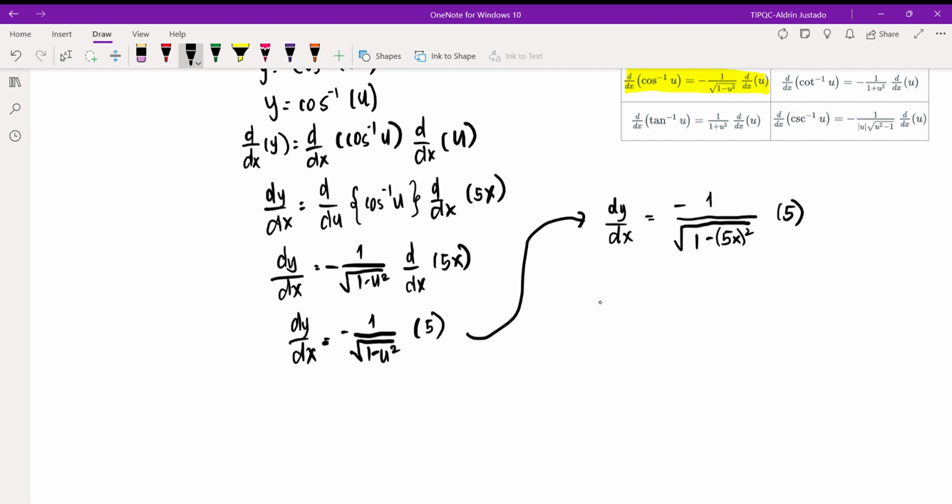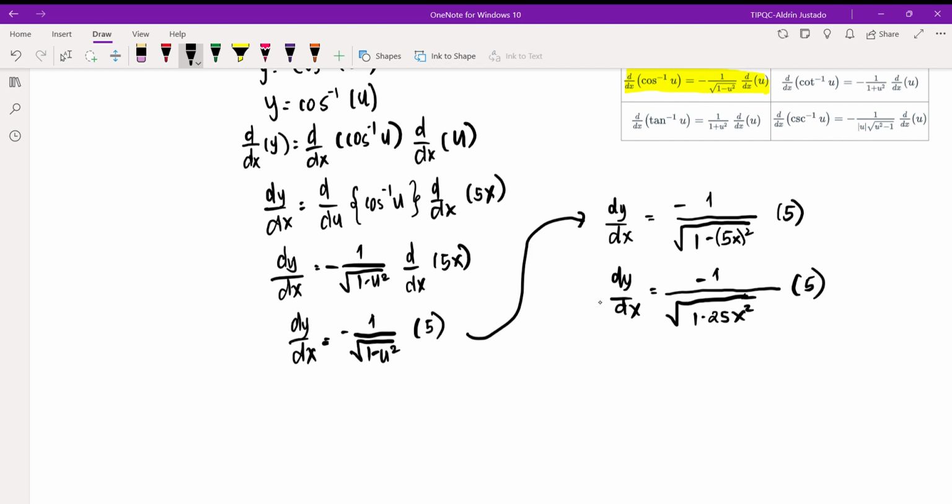Okay? dy over dx is equal to negative 1 divided by square root of 1 minus 25x squared times 5.